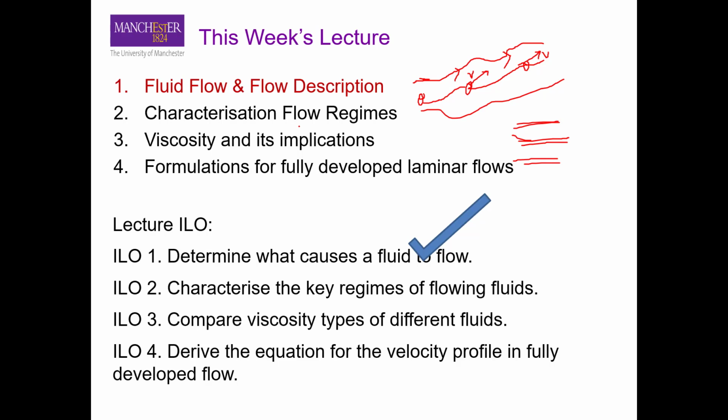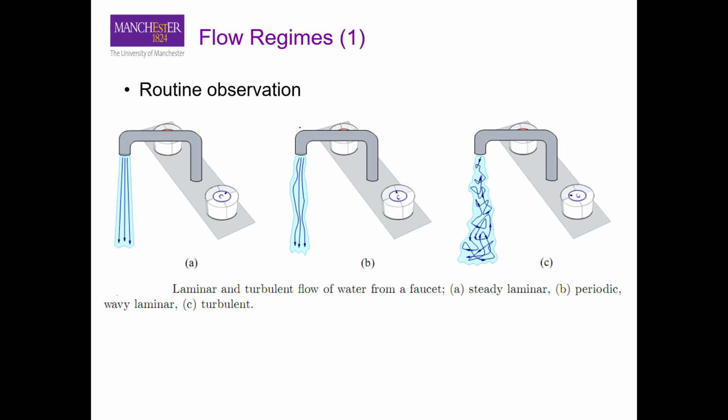Okay, so before we go into a more technical definition of these flow regimes, let's look at it based on a routine observation that you might have made yourself. For example, if you open the tap just a little, you see that there is a jet coming out of this faucet.